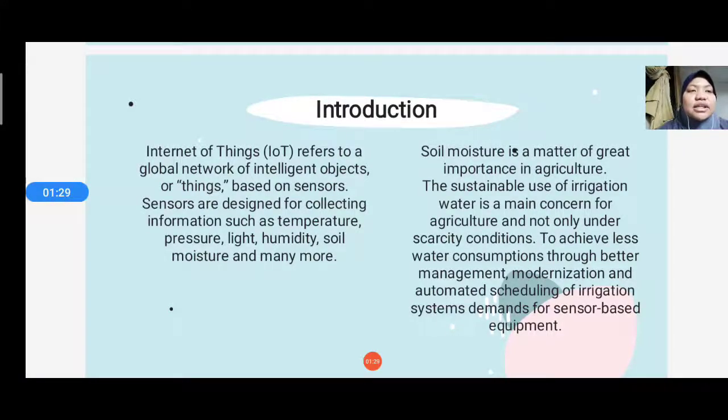And soil moisture is a matter of great importance in agriculture. The sustainable use of irrigation water is a main concern for agriculture, and not only under scarcity conditions, and to achieve less water consumption through better management, modernization and automated scheduling of irrigation systems demand sensor-based equipment.